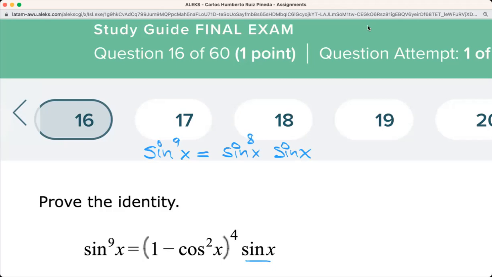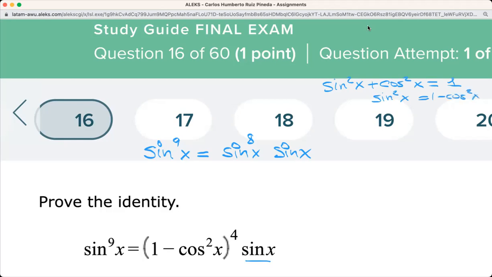Now, what do you also notice? That for even powers, you can use the Pythagorean identity, right? So for example, sine square of x plus cosine square of x equals 1. So then you know that sine square of x is equal to 1 minus cosine square of x, correct?